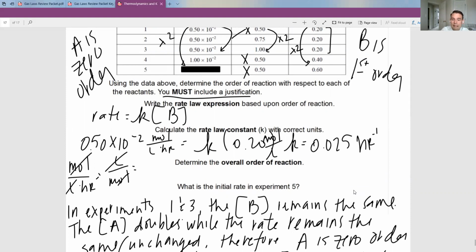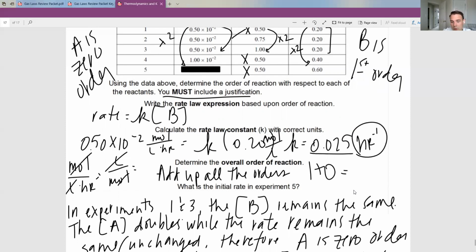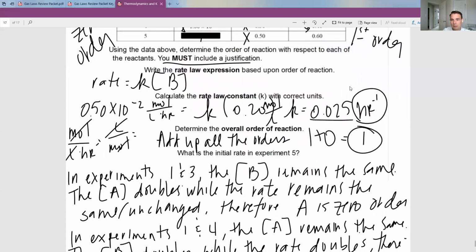When you do a problem like this, you'll always get 1 point for the answer, 1 point specifically for the units. Okay. For the overall order of the reaction, all you have to do is add up all the orders. And in this case, it was 1 plus 0, so the overall is going to be 1.